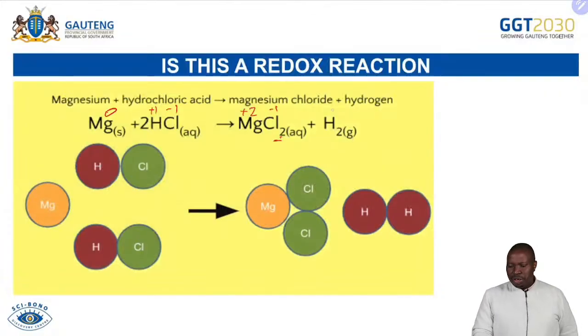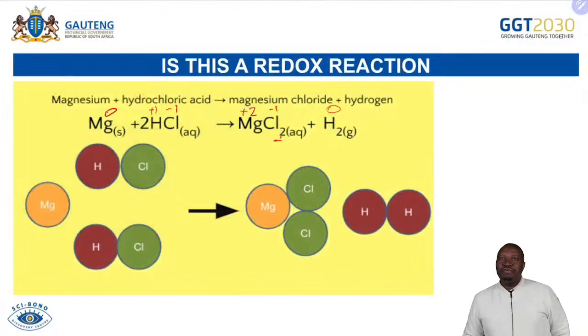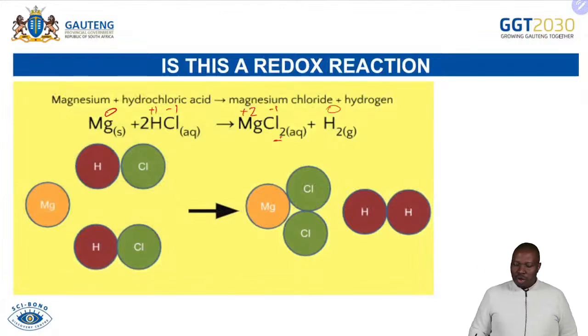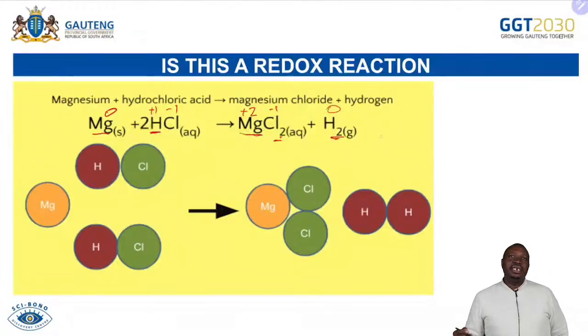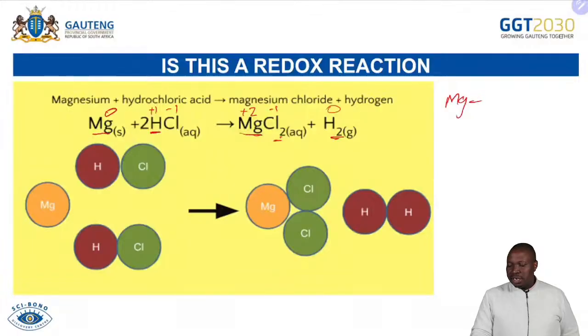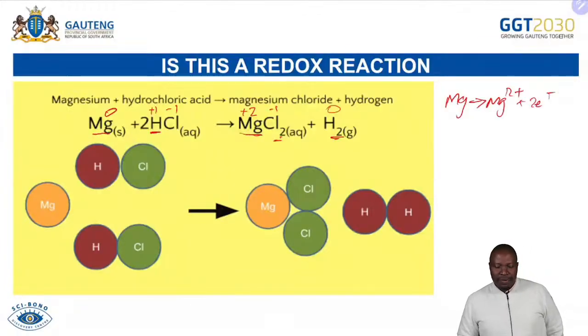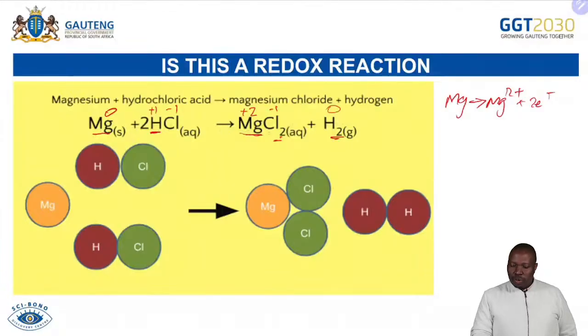Hydrogen and hydrogen, you treat it as a free atom, so it will be 0. So you can see that we have magnesium that is oxidized to magnesium 2 plus. We have hydrogen going from positive 1 to 0. So you can see that this indeed is a redox reaction. Why? Because we have loss of electrons by magnesium, which is oxidation, and then your hydrogen ion is gaining an electron.